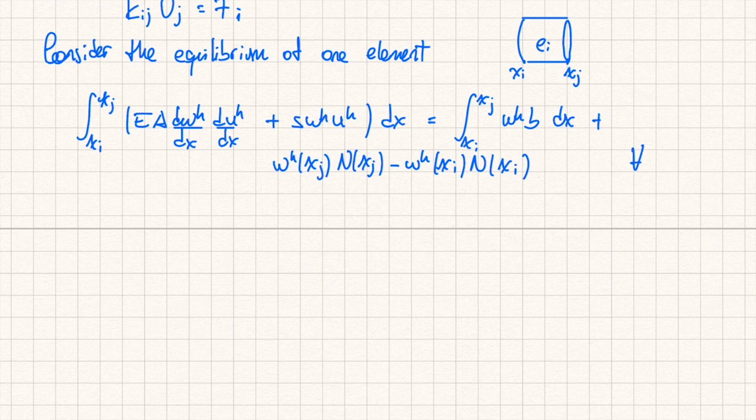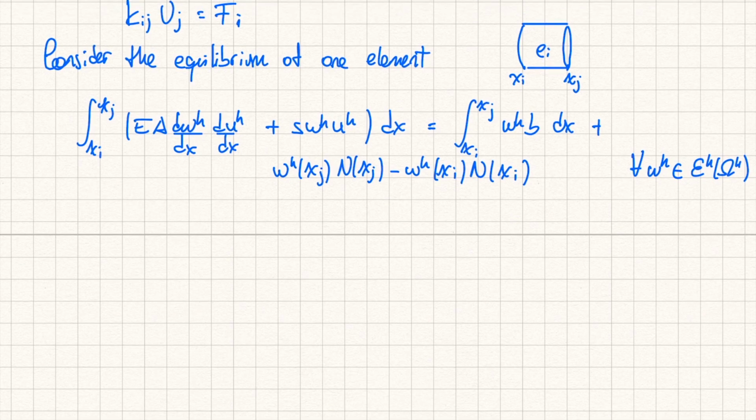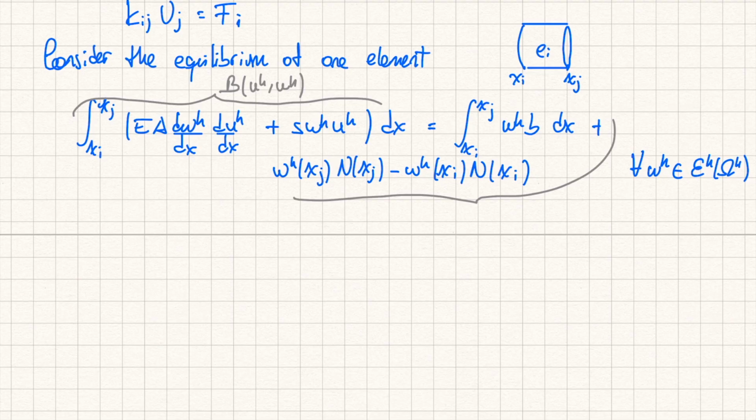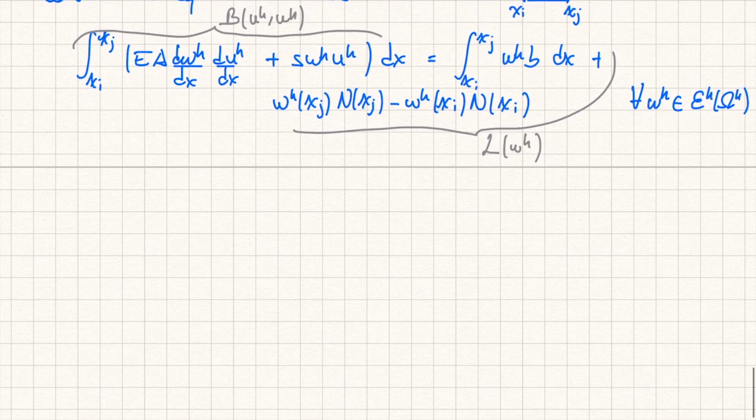And again, these have to hold for all test functions that belong to that finite dimensional space. Okay? Well, if you notice, everything that we have here was our bilinear form. And everything else is basically our linear form. Just to spell it out. Okay.